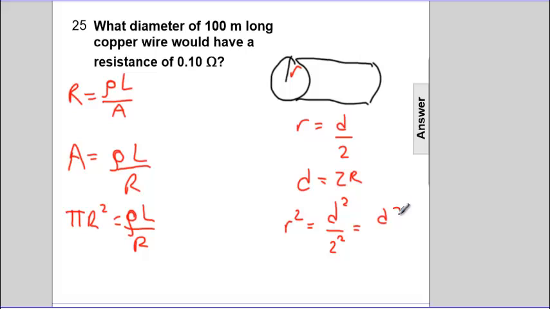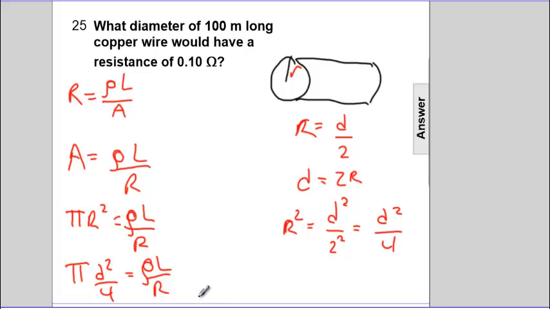So we get d squared over 4. So r squared, let's just stick with capitals to be consistent, is d squared over 4. So we get pi times what r squared is, d squared divided by 4, is rho L over R.